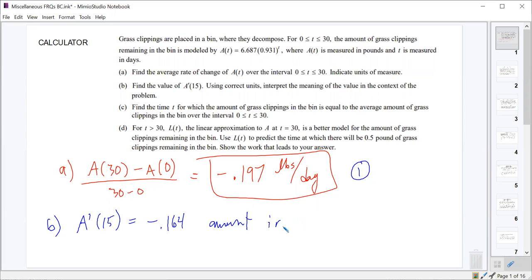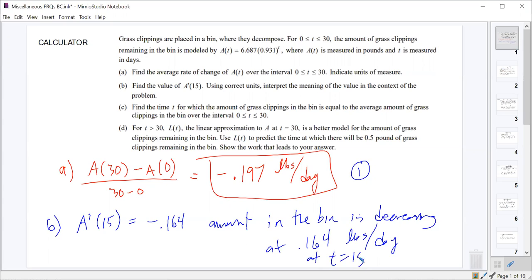So the amount in the bin is decreasing at 0.164, and it's the same units as part A, pounds per day. And we might want to include at t equals 15. 1 point for the value, 1 point for your explanation.